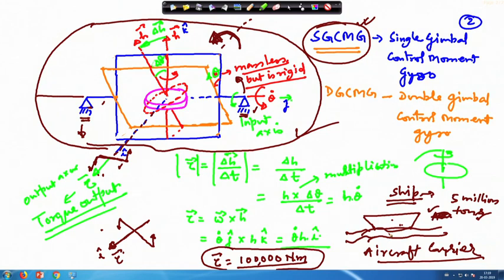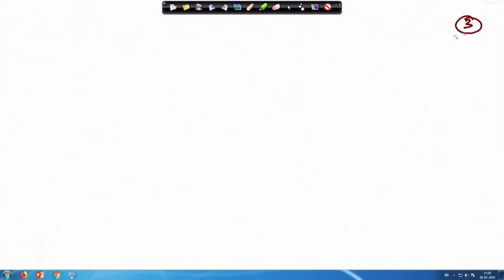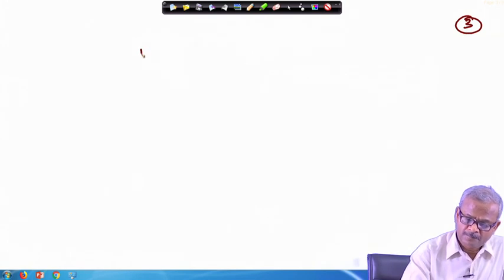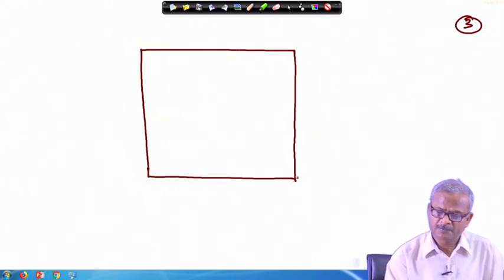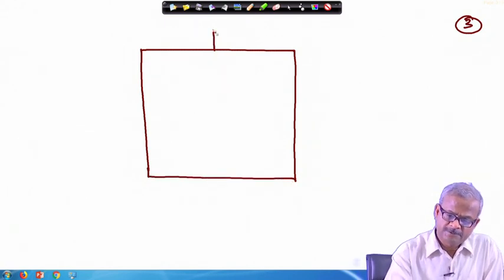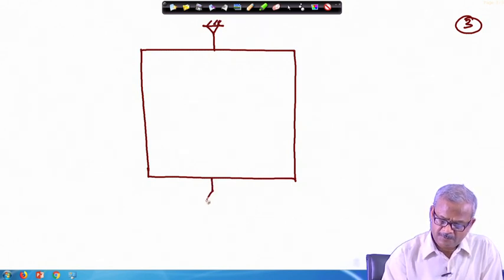Okay, in the double gimbal control moment gyros, as we have discussed, we have the outer frame which is pivoted in the satellite.